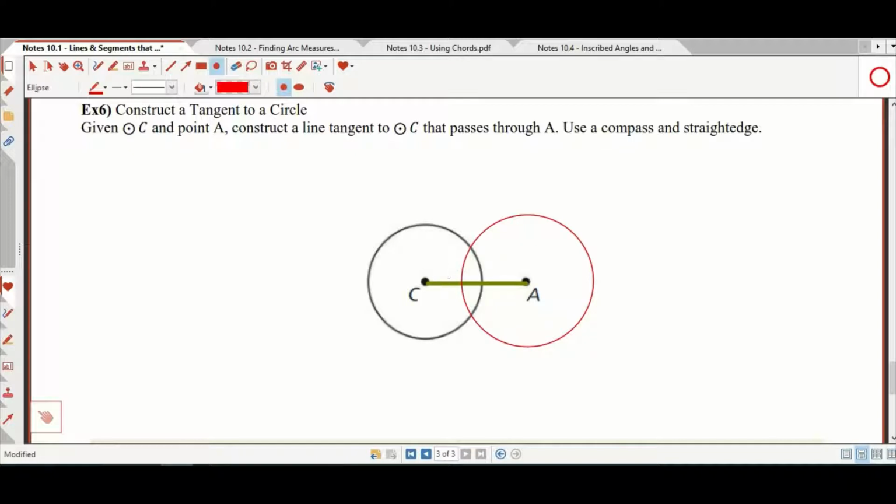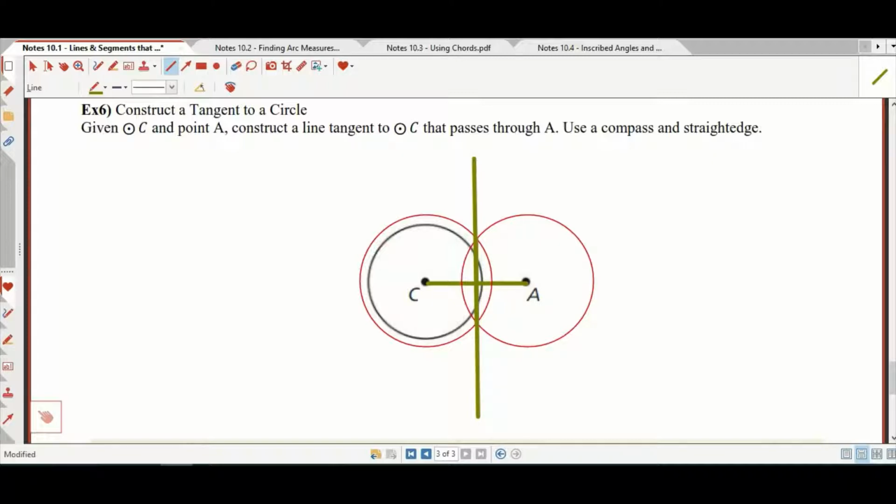You would just do this by taking your compass off now and then keeping it the same amount open. I'm going to make sure mine's 1.32 inches. There we go. And then you're going to take your straight edge and connect these 2 points like that. Now you've just created a perpendicular bisector to CA.